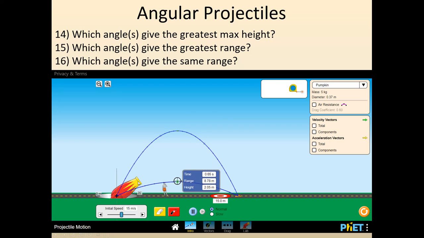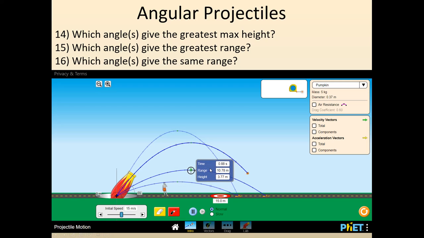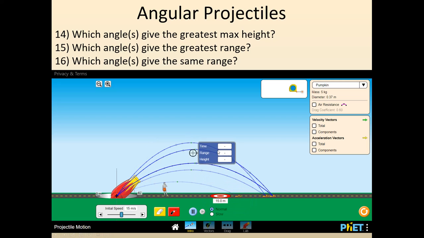If I go to 35 and 55, these two also reach a range of 10.78, and 50 and 40 will also reach the same range.